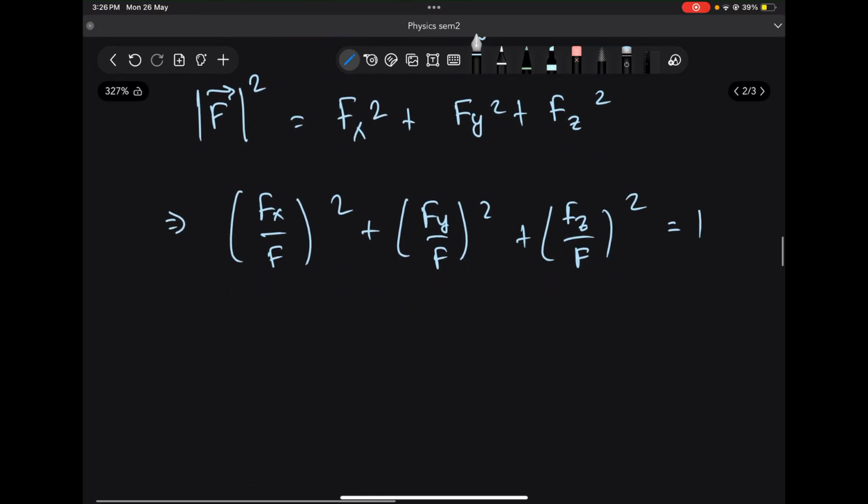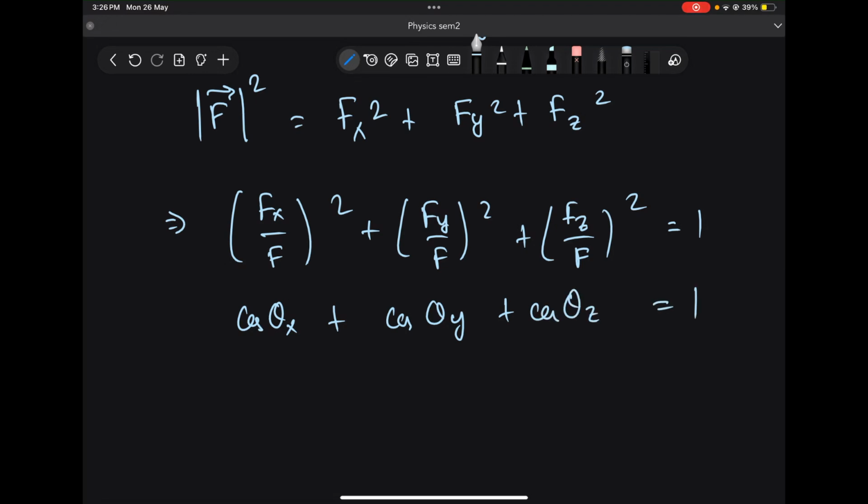And therefore we can say that cos squared theta x plus cos squared theta y plus cos squared theta z is equal to 1. So basically the angle theta here represents the angle that the resultant force makes with its components along the x, y and z axis.